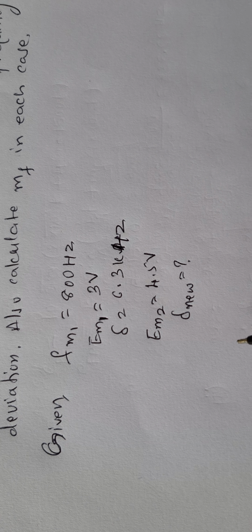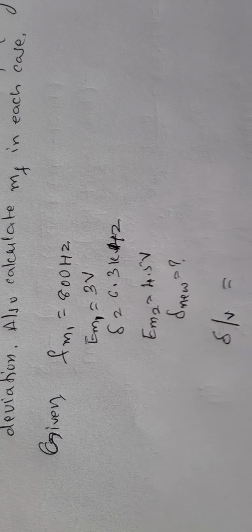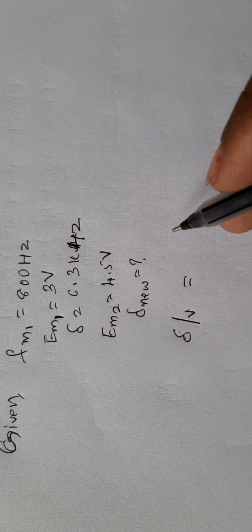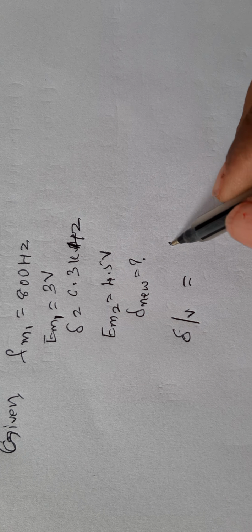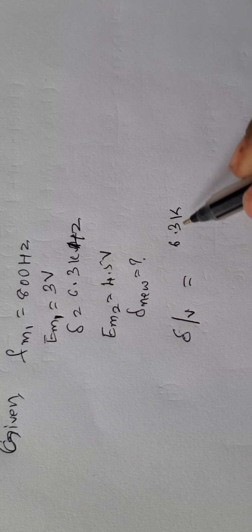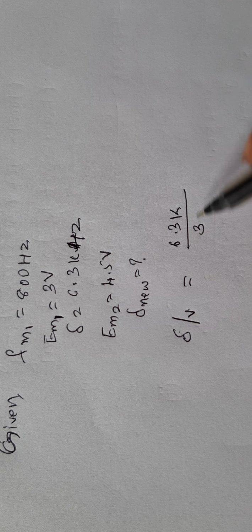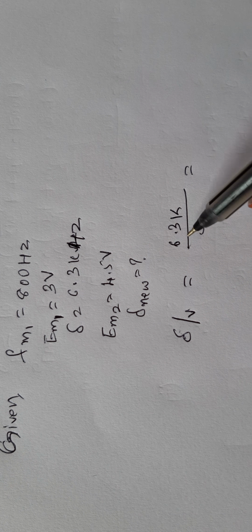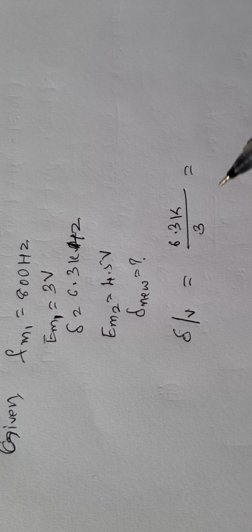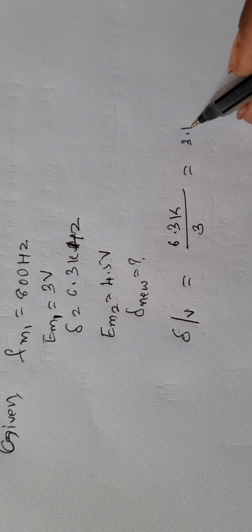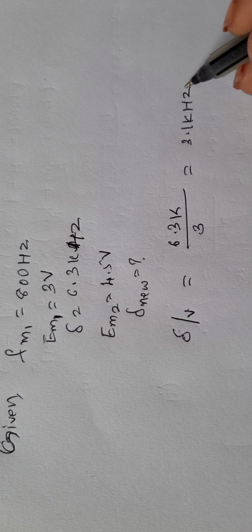We have to calculate how much for 1 volt. I will call this deviation per volt, which is how much for 1 volt. So 6.3 kilohertz for 3 volts. Therefore deviation per volt is 6.3 k by 3. This is 2.1 kilohertz per volt.